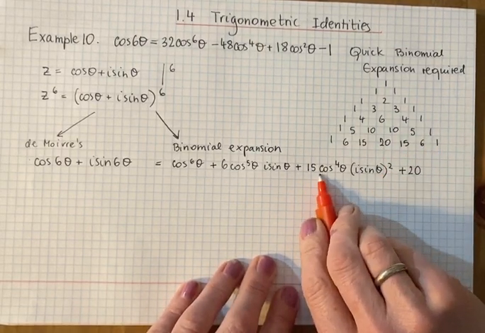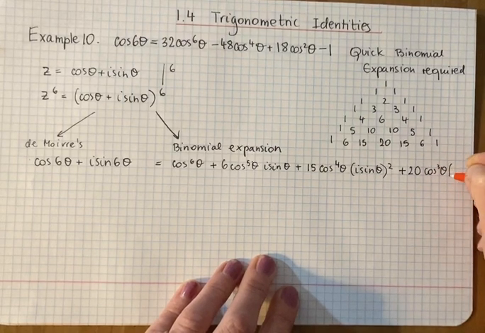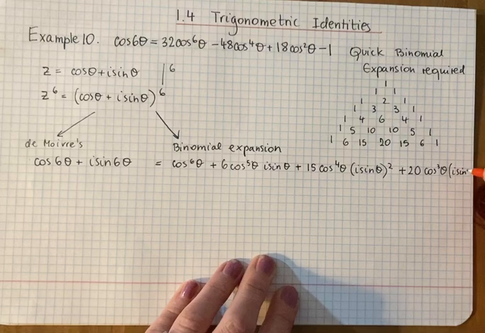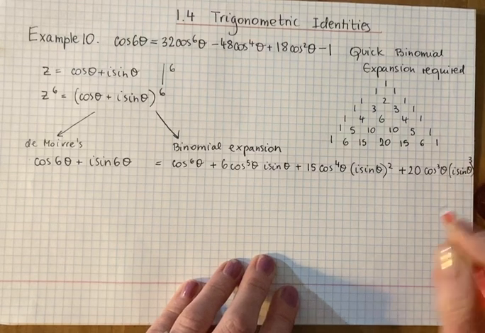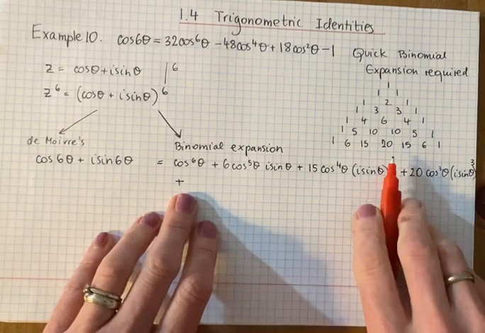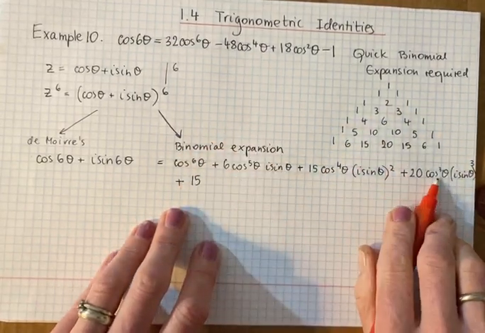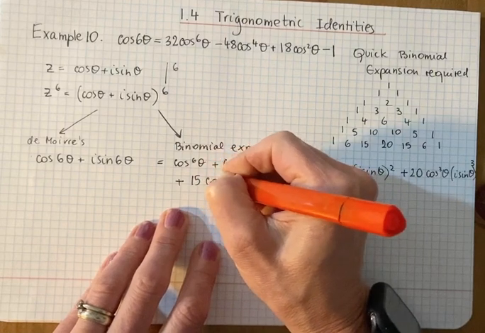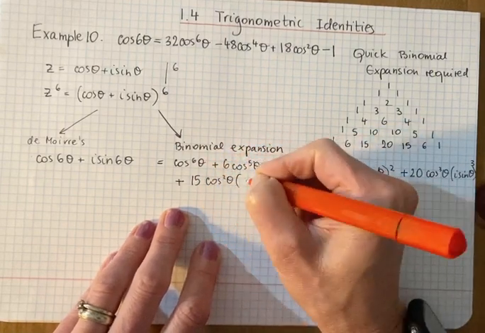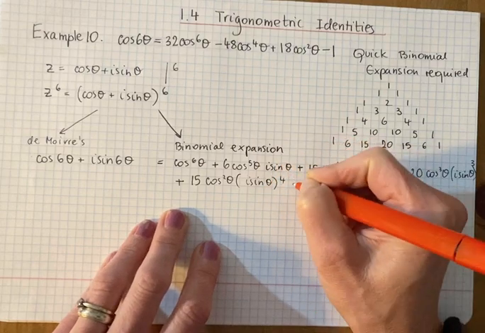So it's going to be cos to the power of 3 theta, and then (i sine theta) to the power of 3. I will have to spill on to the next line. So the next one is 15. Okay, so this time we are going to reduce cos to the power of 2, and (i sine theta) will get the power of 4.